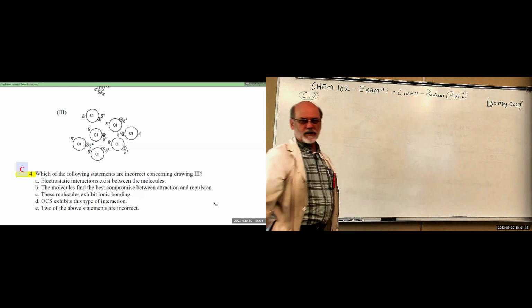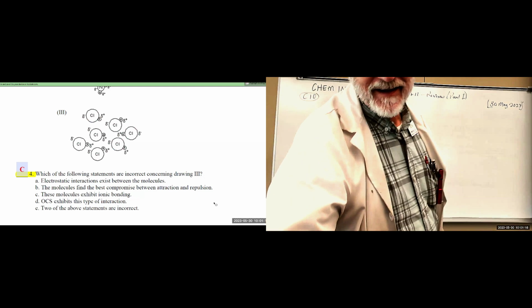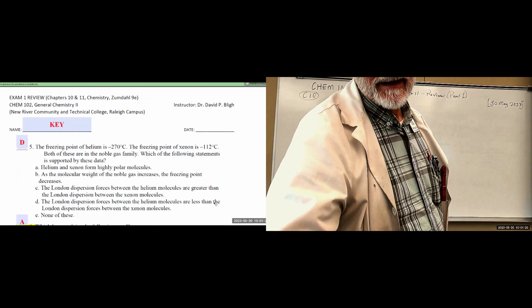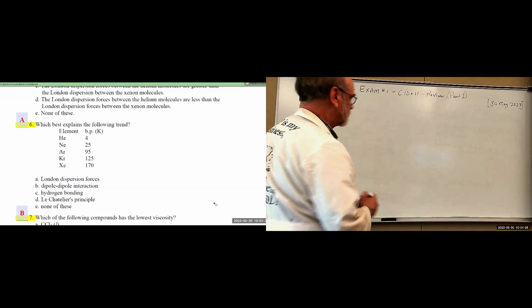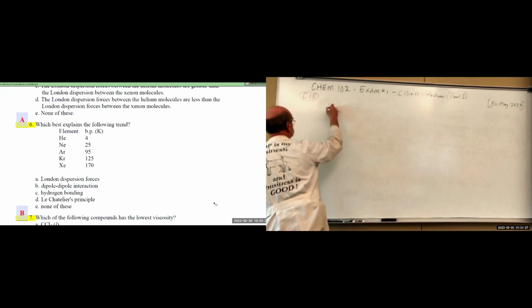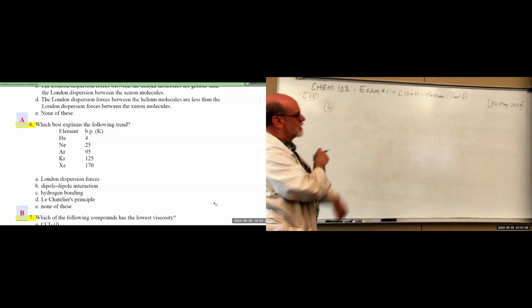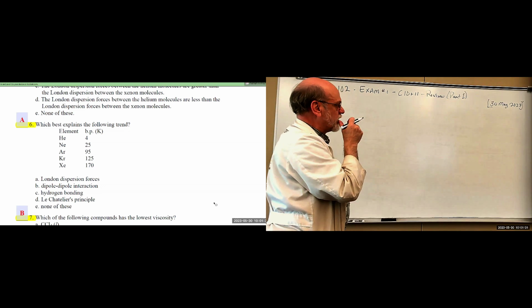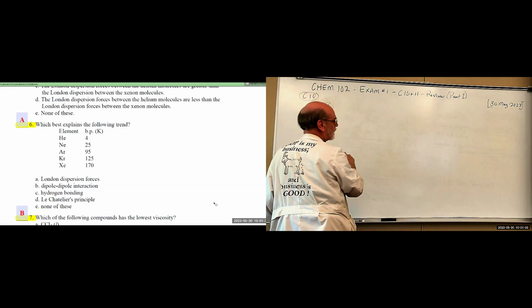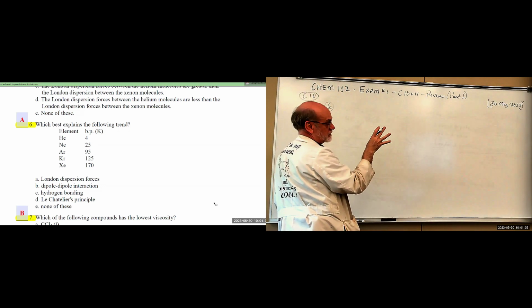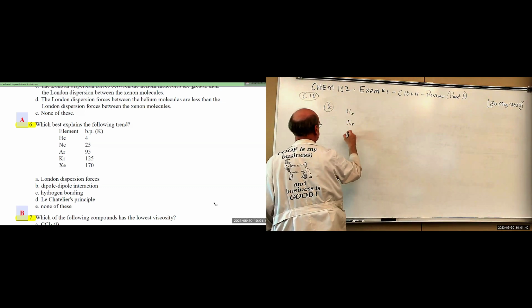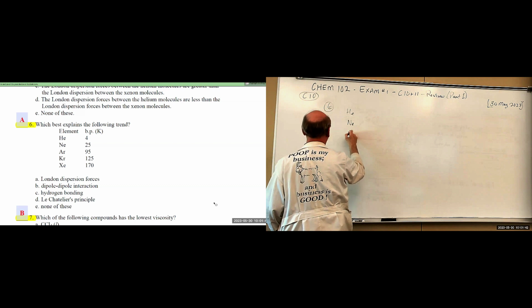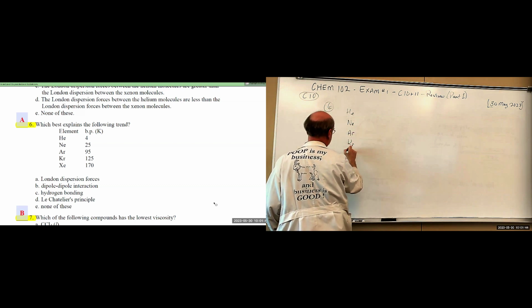All right, that was 4. And let's try number 6. Which best explains the following trend? Okay, looks like we've got noble gases: helium, neon, argon, krypton, xenon.